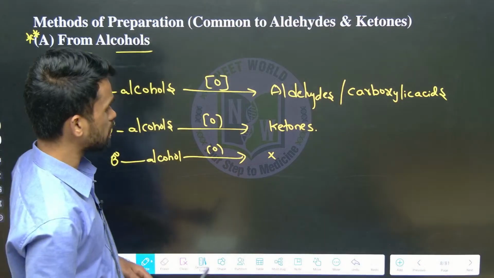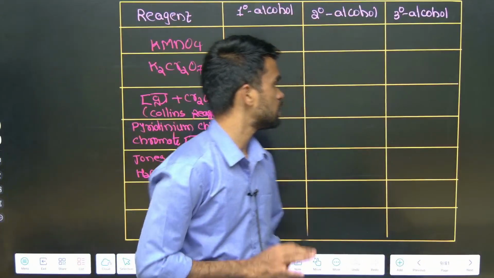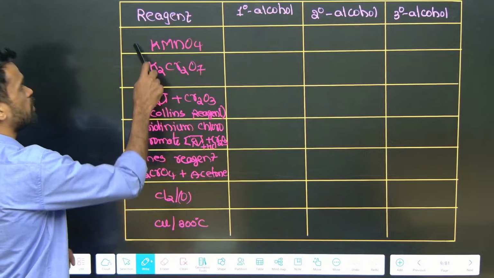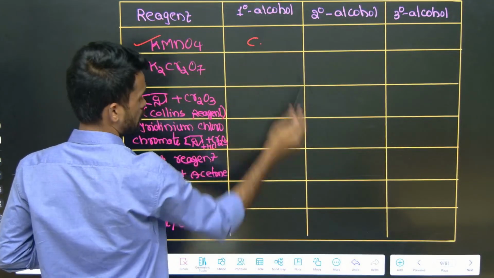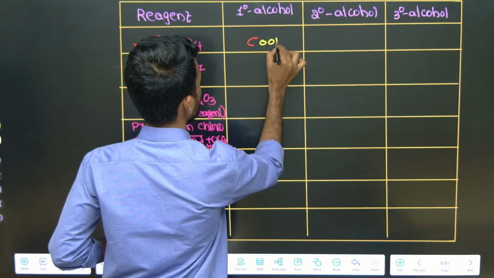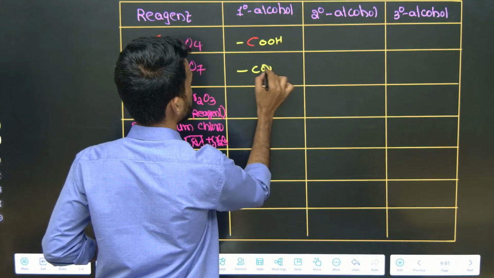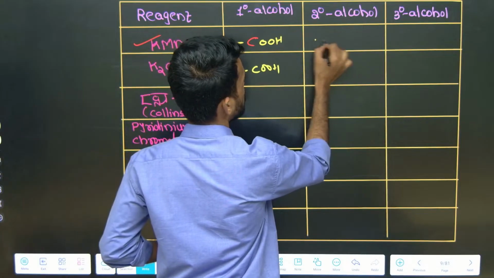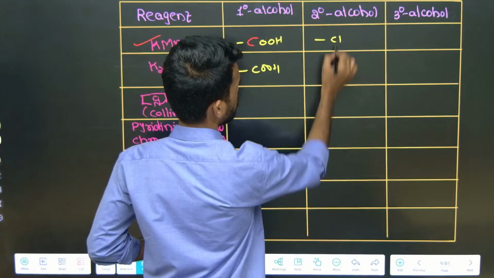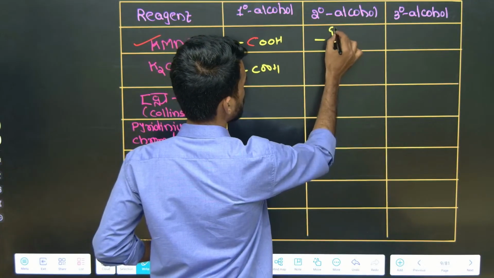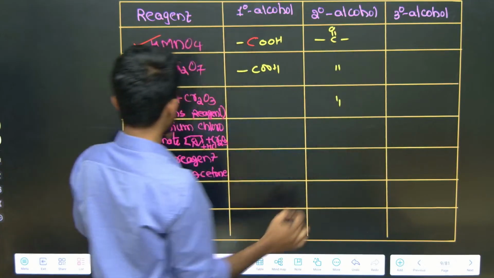Okay, so let's see this using one small important table here. KMnO4 gives carboxylic acid, COOH, and here also it is COOH. When it comes to secondary alcohols, all secondary alcohols give ketones only, whatever the reagent may be.